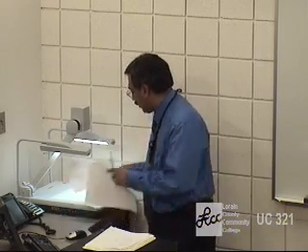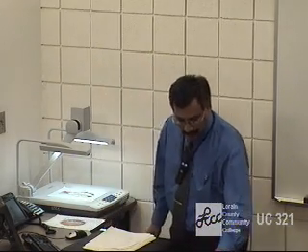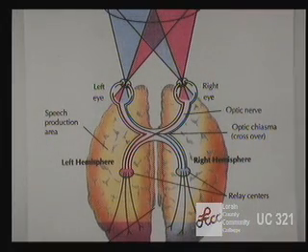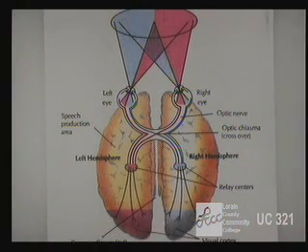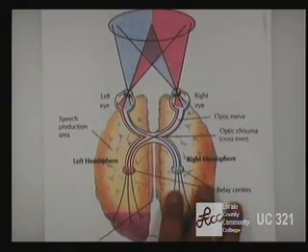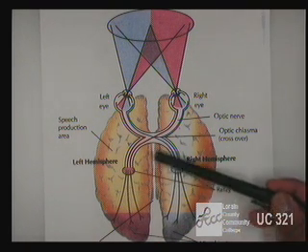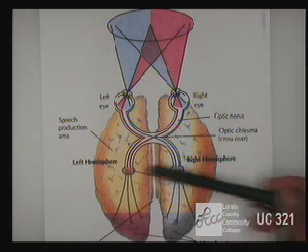So let me kind of show you part of what we're talking about now with the split brain patient. So in the case of the split brain patient, you have, as you can see in the picture, the corpus callosum is severed. Okay, so you do not have this bridge between the left and right hemisphere.